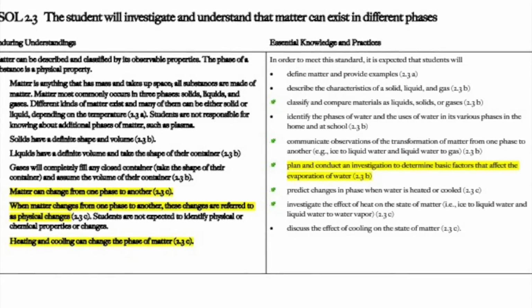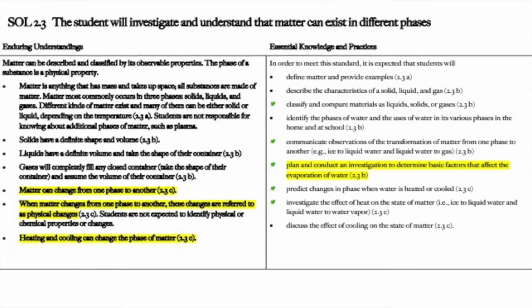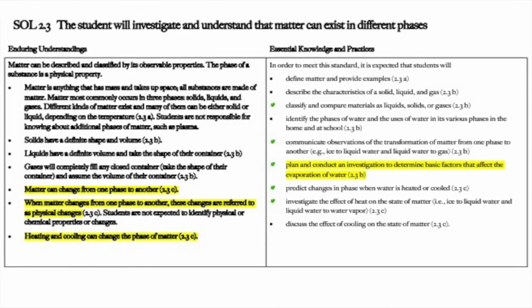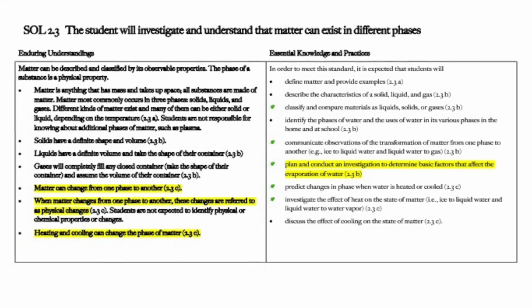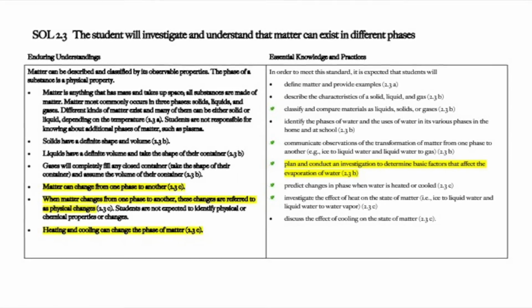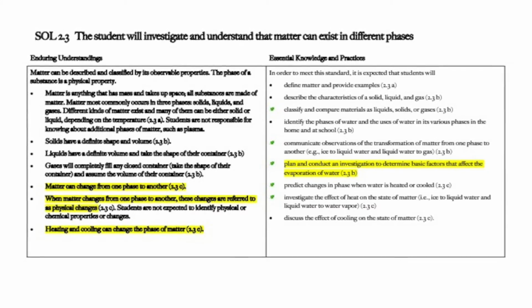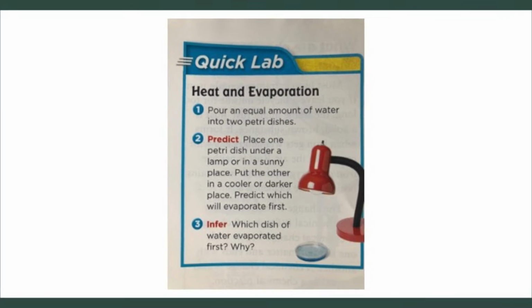Those are highlighted here. We're going to be looking specifically at the standard that asks students to plan and conduct an investigation to determine how factors affect the evaporation of water. So, in searching for activities, I'm specifically looking for something that is dealing with matter changing phases, looking at heat and how it would affect it.